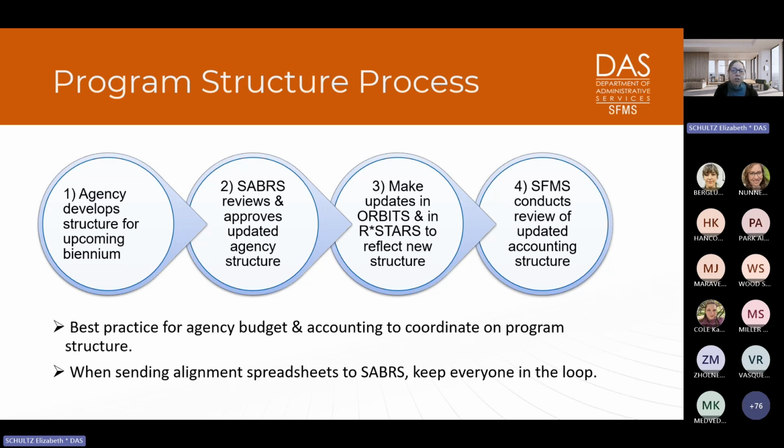Because if you're making changes to your program codes, it's going to impact how budgets are set up, how things are reporting for budget to actuals. Accounting staff also needs to be involved because they may need to update profiles like PCAs to reference any changes in those DO4 program codes. So it's important to keep everybody in the loop, since there is a budget piece and there is an accounting piece.